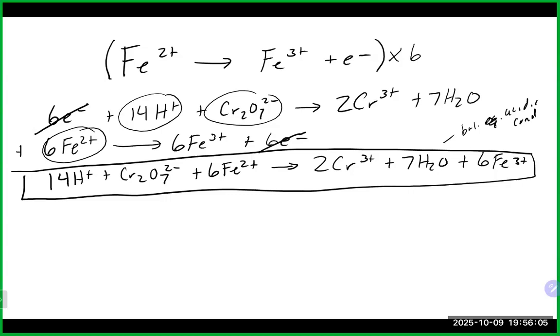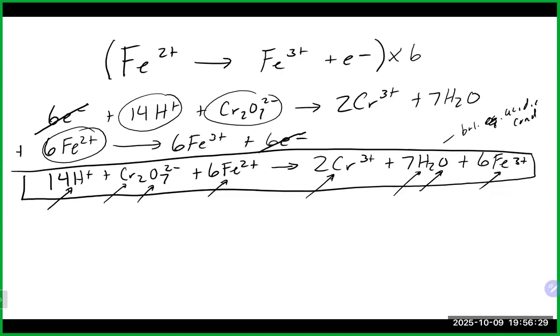Like a normal equation, which means I have 14 H's there, 14 H's there. I have 2 Cr's there, 2 Cr's there. I have 7 oxygens there, 7 oxygens there. I have 6 irons there, and 6 irons there. So it is balanced like a normal equation.